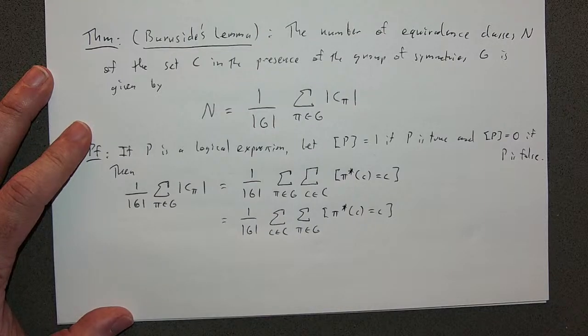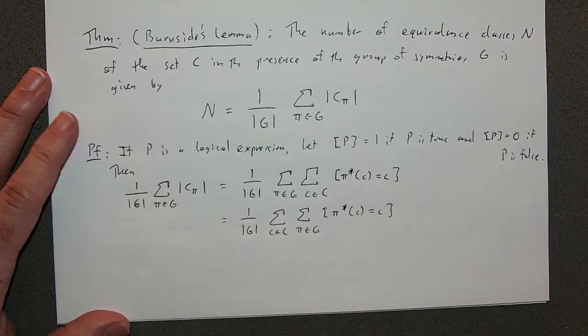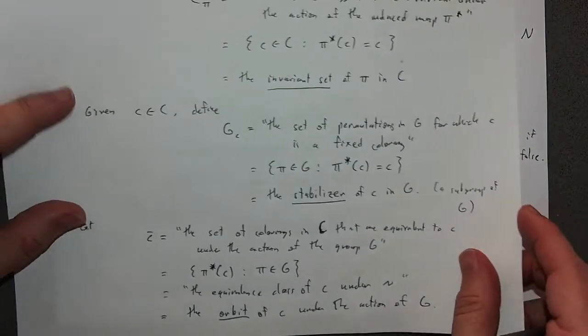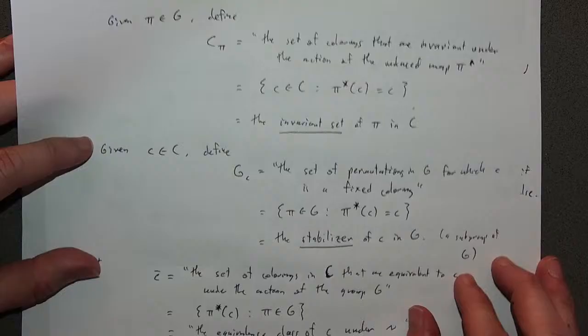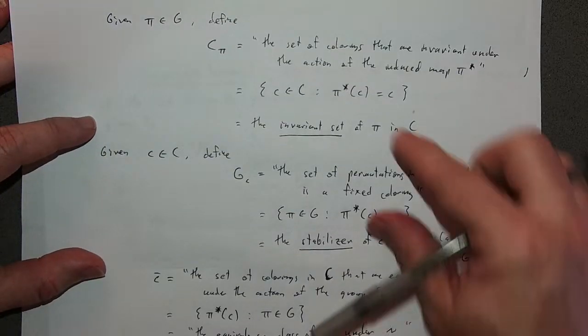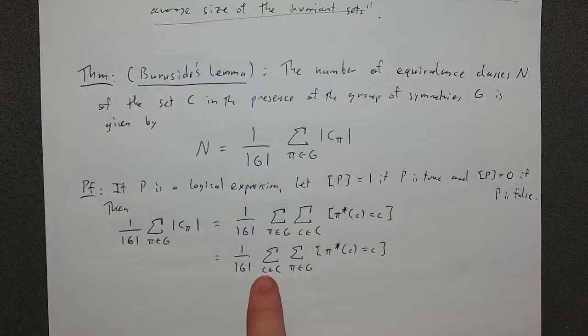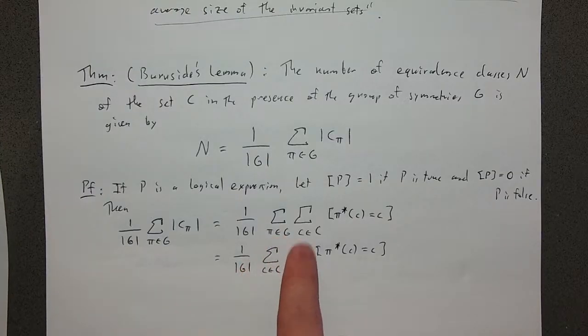But now we have altered this ever so slightly, which is why I talked about this being the dual statement. In fact, all we've done by swapping that order is go from fixing C summing over pi, versus fixing pi summing over C.